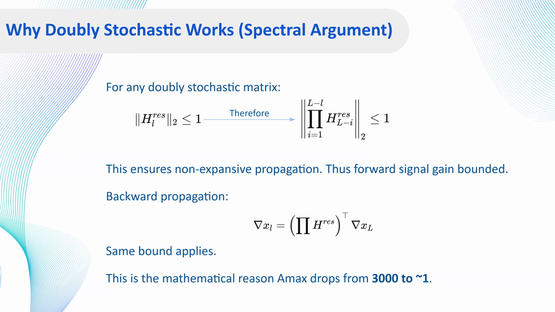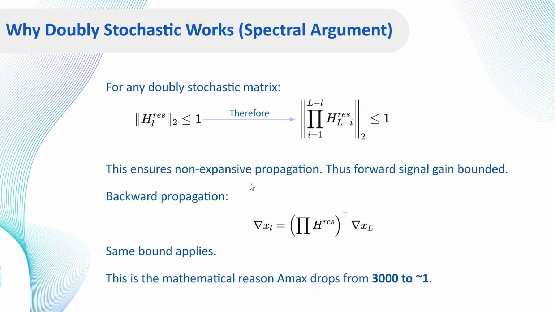No, I think because column values in doubly stochastic are less than or equal to 1. Actually, they are using a method to make it closer to 1. Okay, I will talk about that. Okay, at the end, less than 1 is less than 1. So this ensures non-expansive propagation.